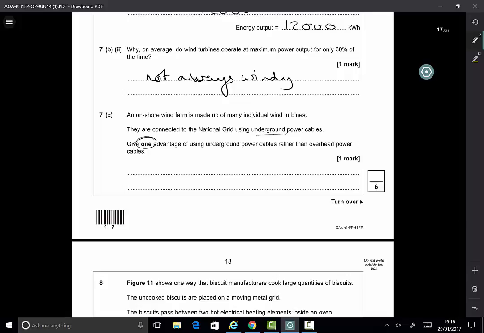So they will usually accept things like, underground it's less likely to be damaged by the weather. I'm going to go with that one. Less likely to be damaged. Nice and safe underground.